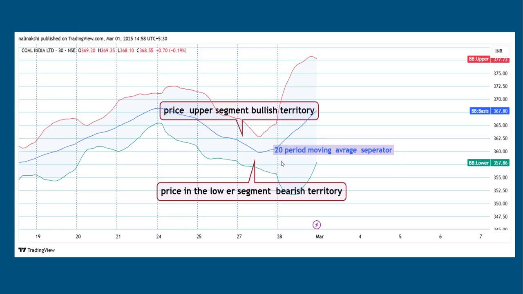The 20-period moving average is the separator for my trade. So it is visual. You need not worry. Immediately, by seeing the chart itself, by where the price is, in which territory, you can make out whether it is weak or strong.